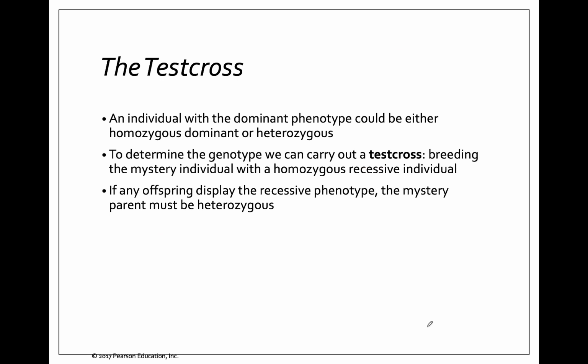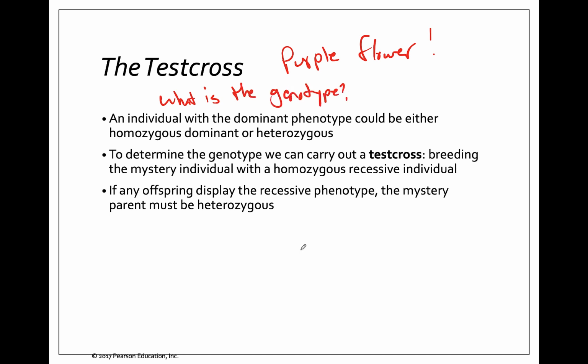So let's go back to the question of, I hand you a purple flower, and the question I have to ask you is, what is the genotype? Well, you don't know. From just handing you a purple flower, it could be either big P, big P, or it could be big P, little p. Both of those will give you the exact same purple flower.